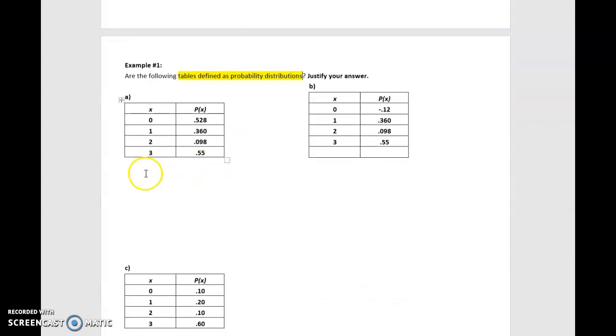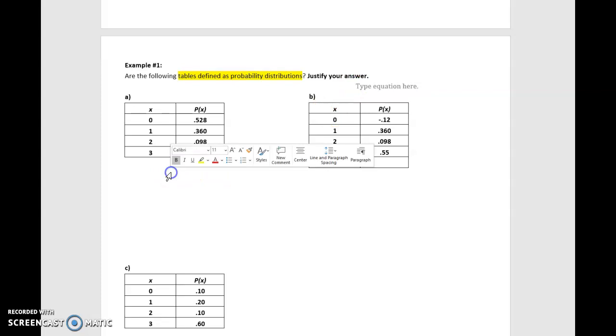Let's take a look at problem 1. Now, in this case, all the values are between 0 to 1, but if we were to add the probabilities, let me try to add it.